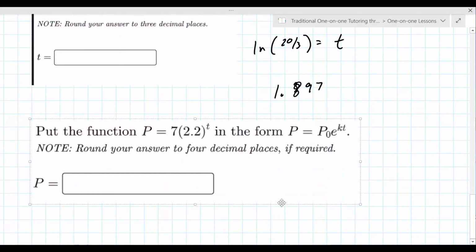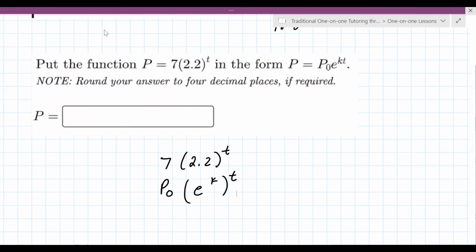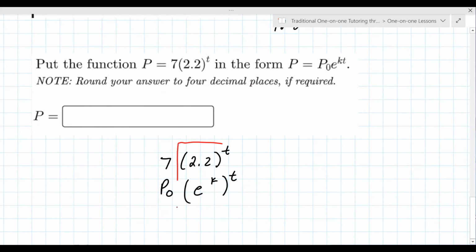What they want you to do here is these two forms. Let me parse them a little bit more. So 7 times 2.2 to the t, and P0 e to the kt. I made a small rewrite, but this part in red, we're going to set equal to each other. You're going to literally set 2.2 equal to e to the k.